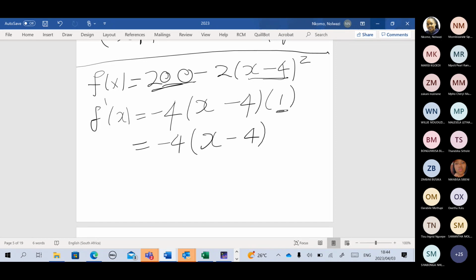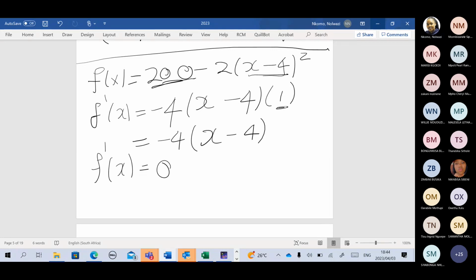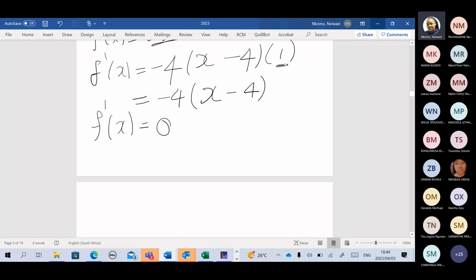Then I said the next step is to equate the first derivative to 0 to get your stationary point. If we equate the first derivative to 0, we'll have minus 4 into x minus 4 equal to 0.